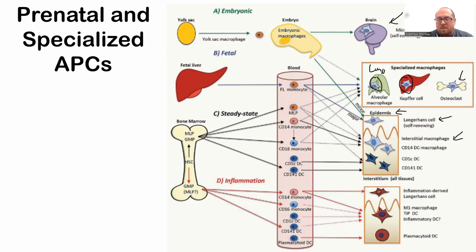The other really important thing to note is that macrophages and dendritic cells both derive from the same general progenitor cell, and that is the monocyte. The monocytes that display certain particular receptor markers are then destined to become either macrophages or dendritic cells.